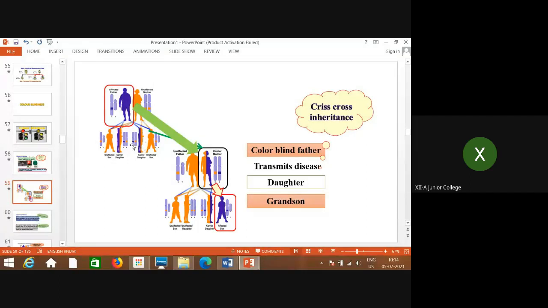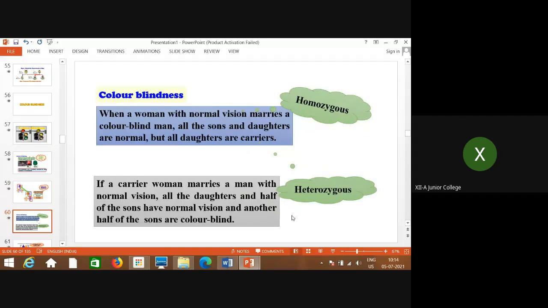But when this carrier daughter marries a normal man, then out of four, one son is normal, one is affected, one daughter is normal, and the other is a carrier. So this is what happens in the second generation. When a woman with normal vision marries a colorblind man, all the sons and daughters have normal vision, but all daughters are carriers, as I showed you in the picture.